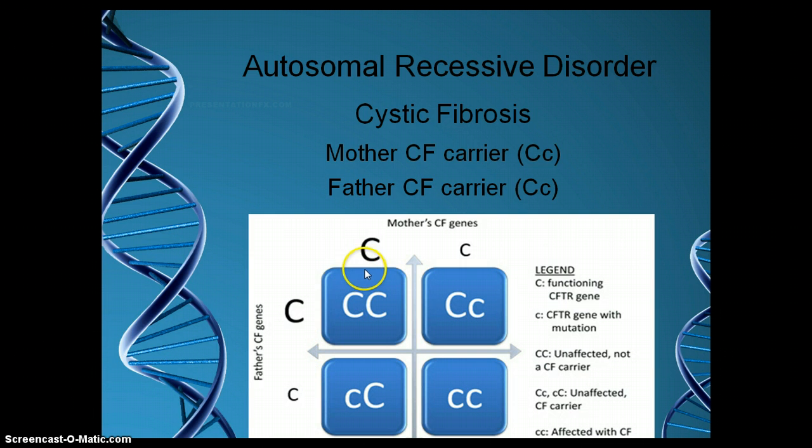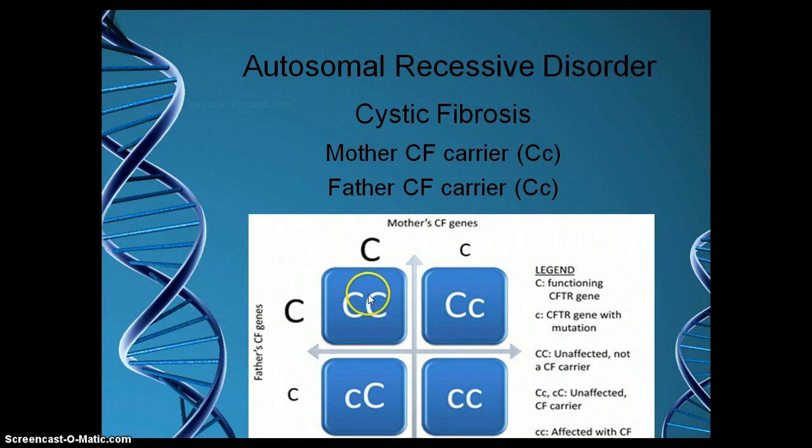So here we have two dominant C's. When we put these two together, we have an unaffected child, because in order for an autosomal recessive disorder, and think about recessive, in order to be recessive, we have to have the lowercase letters. So in this case, this is a dominant trait, not a recessive trait.